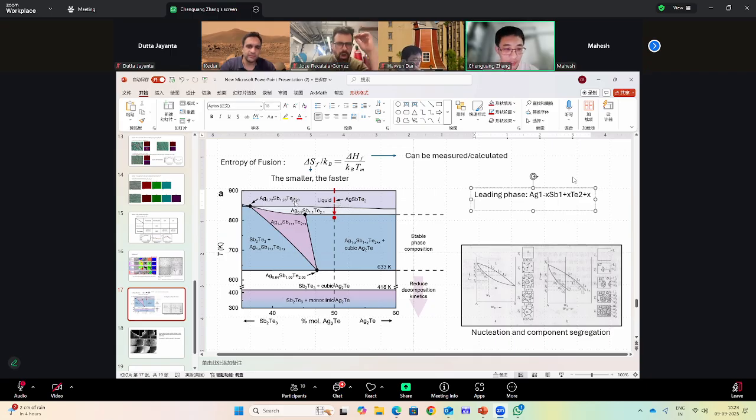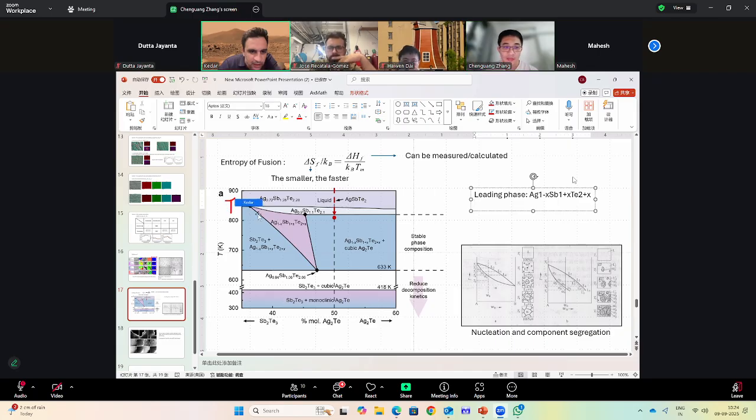For the silver telluride, if you see the whole diagram, the Tm can change with the different composition of your silver telluride and your antimony telluride. So this is only part of that, right? It's from 30% to 60%.